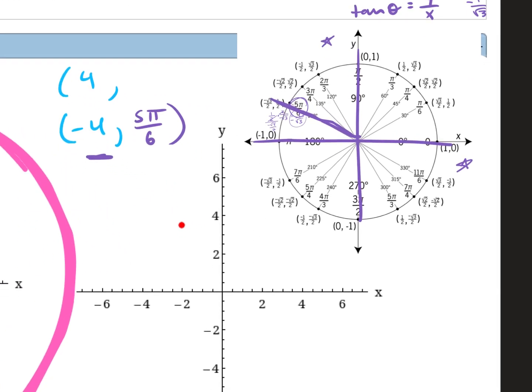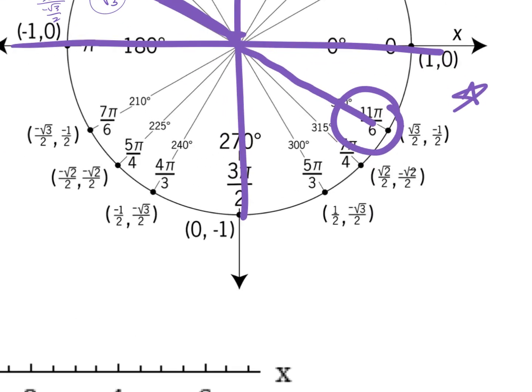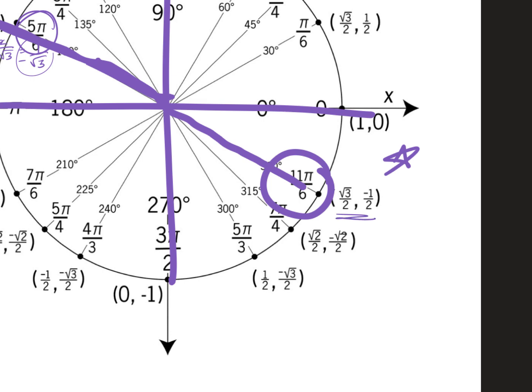We have another value on our unit circle that also gives us tangent of theta equal to negative 1 over square root 3, which, if we draw a straight line here, is going to be 11 pi over 6. You can check that by taking this point and doing y over x. So negative 1/2 over square root 3 over 2. Keep change flip. So again, this is negative 1 over square root 3, which is what we were looking for.